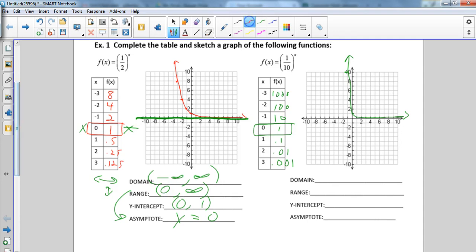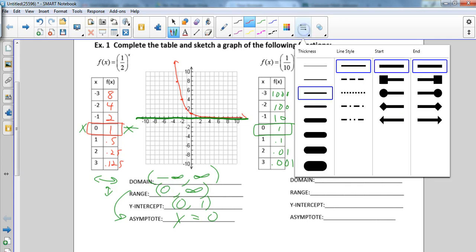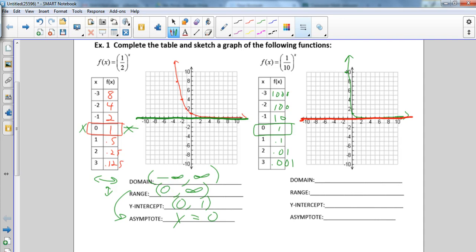All right. So once again, there's our force field at 0. Will not hit. So domain hasn't changed. -infinity to positive infinity. The range, pretty much the same thing. How low does it go? It's not hitting 0.